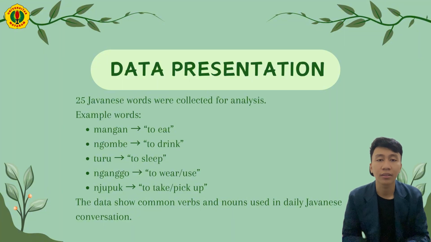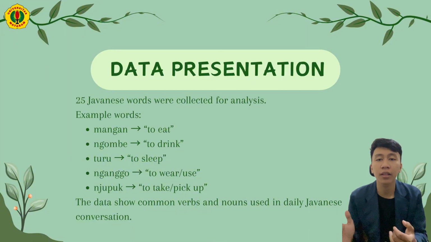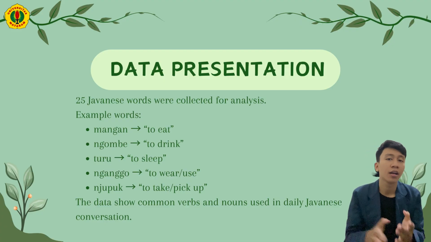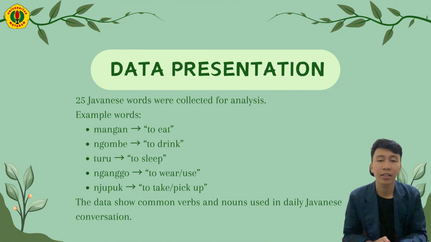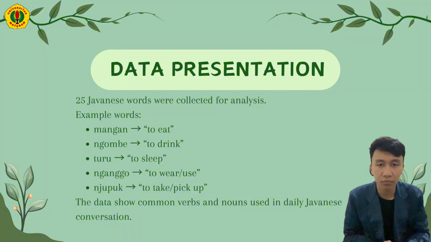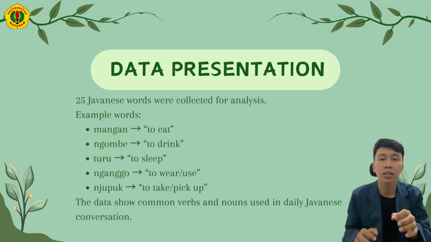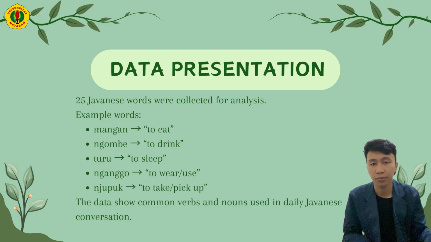Some examples are mangan, which means to eat, ngombe, which means to drink, turu, which means to sleep, ngango, meaning to wear or to use, and jupuk, which means to take or pick things.